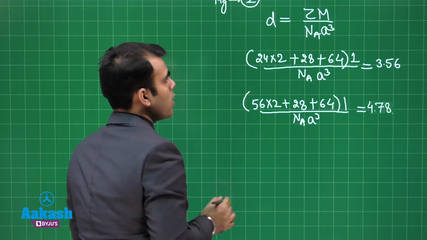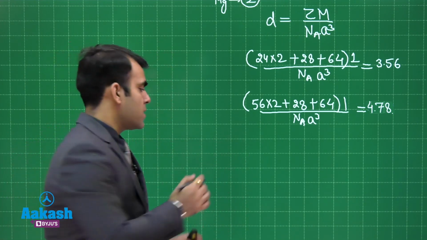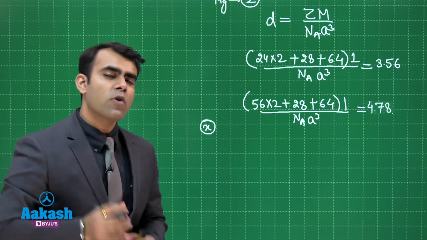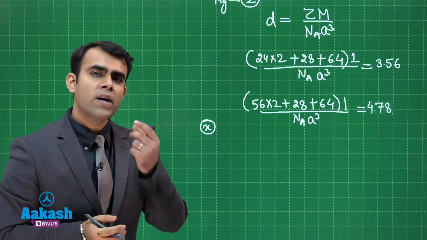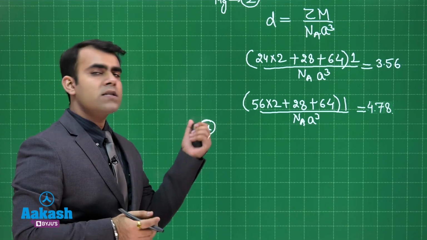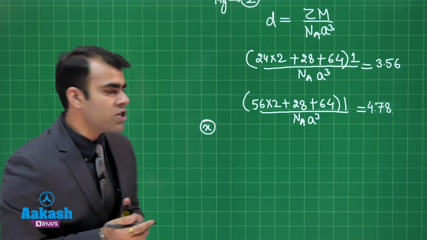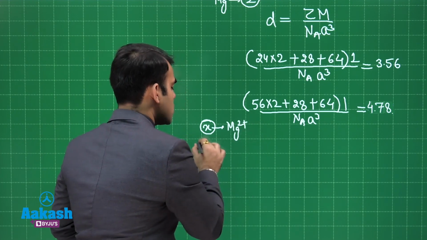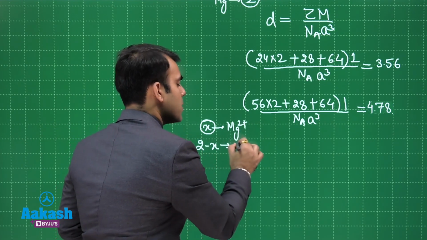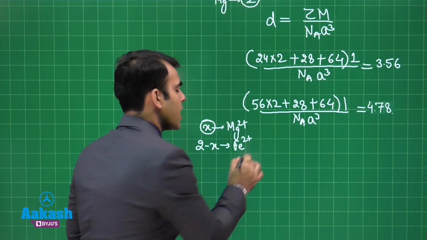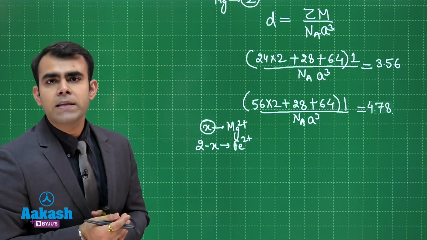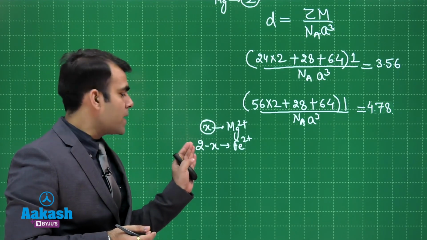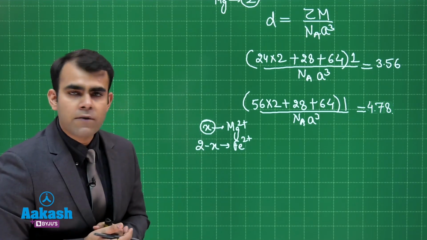So in the density of olivine, let's assume that the total contribution of divalent ion is 2. Let's say that X is the contribution from my magnesium ion, and 2 minus X is the contribution from Fe2 plus, and from here we can calculate the percentage at a later stage. So here I am assuming X is Mg2 plus and 2 minus X is Fe2 plus.